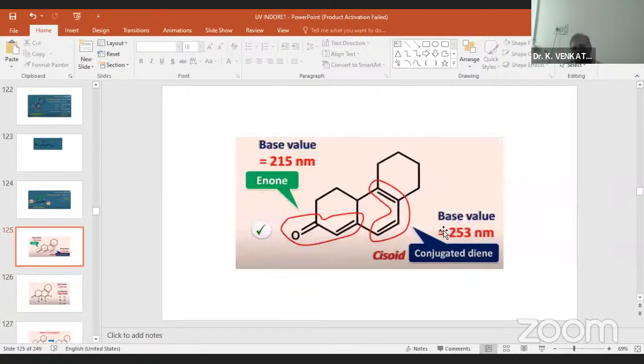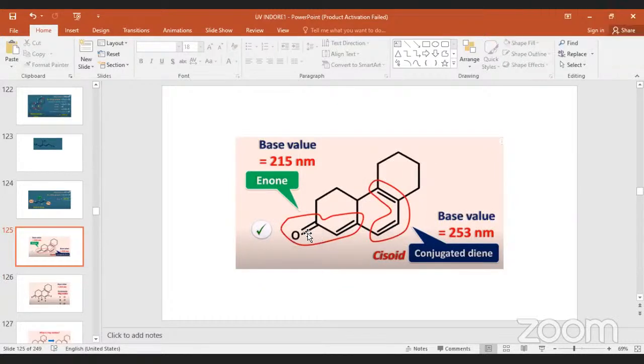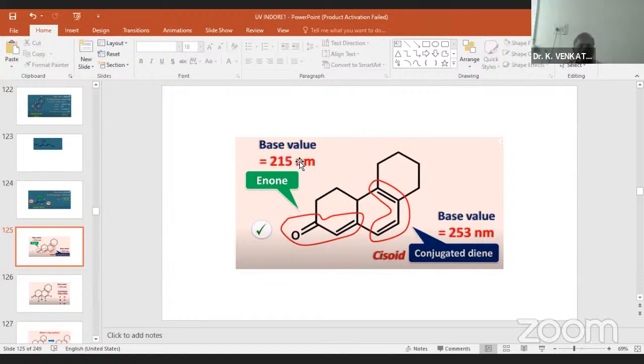So what is this? This is an alpha beta unsaturated ketone. So this is a different type. So alpha beta unsaturated ketone carbon. What is the base value? 215 nanometers. Don't consider this value, this is for homoannular diene.